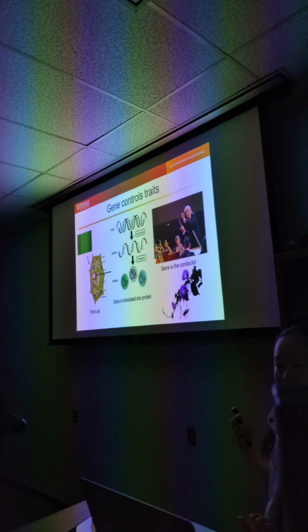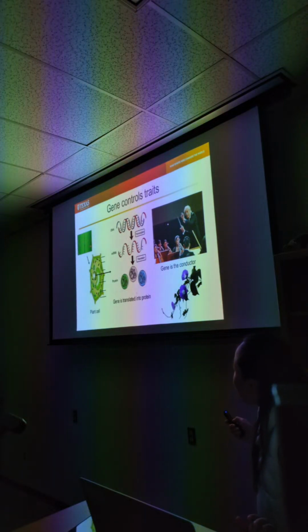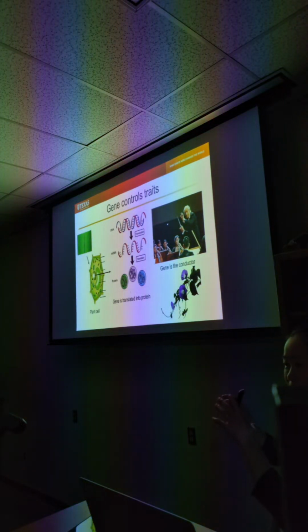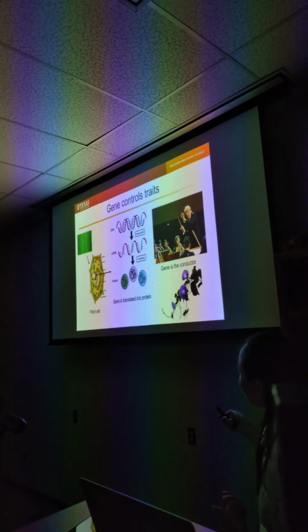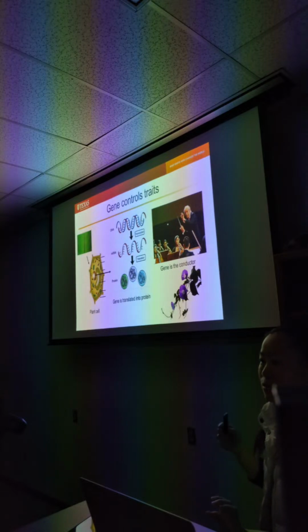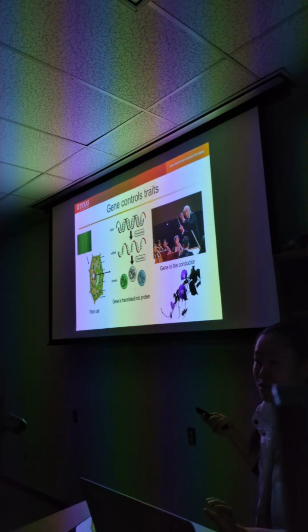So as I just mentioned, gene is DNA sequence that is located in the nucleus. If we enlarge the plant tissue or plant leaves, you can see a lot of cells, and each plant cell has one nucleus. And each nucleus, they will have those different DNA sequence or genes.